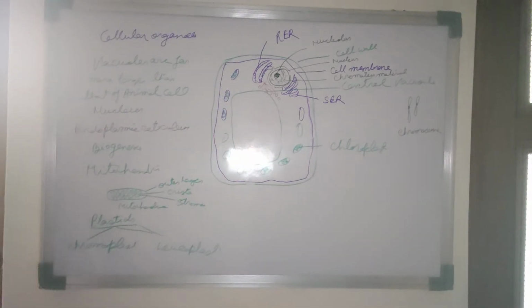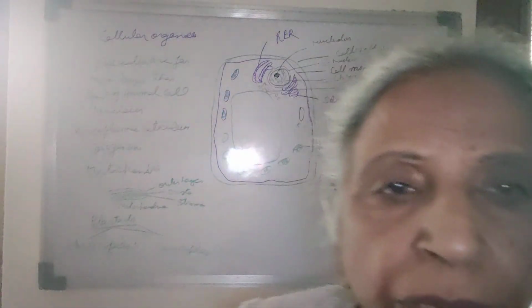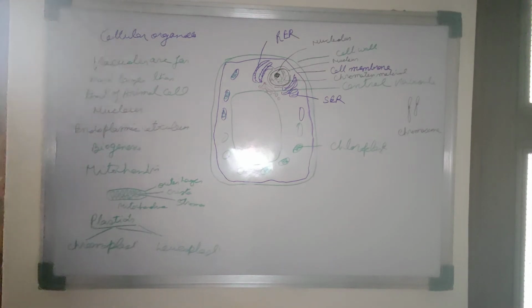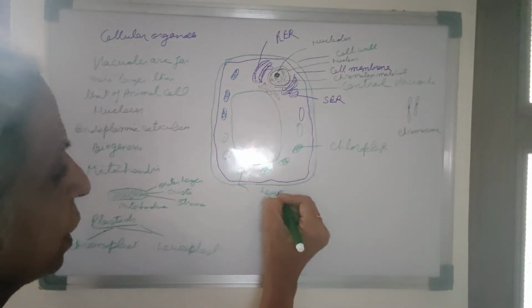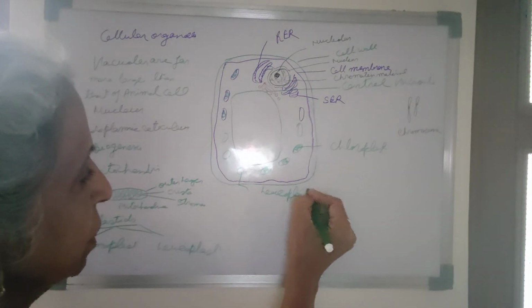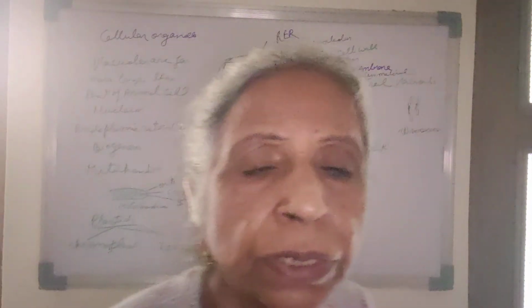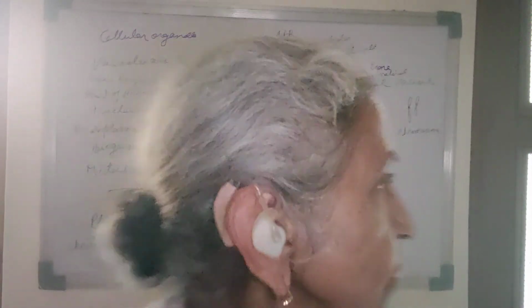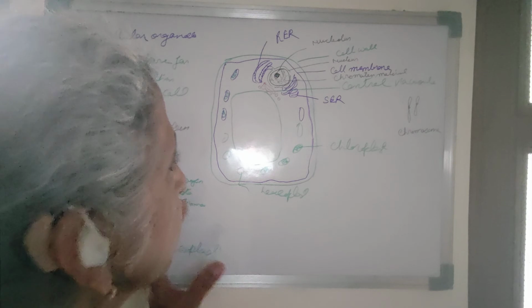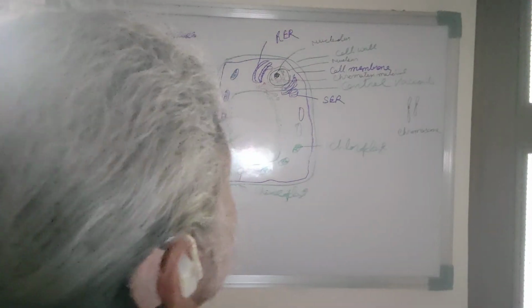In addition to chlorophyll, other pigments, yellow, brown and red, are also present, which provide specific color to the specific organ. And the leucoplasts are colorless. They store food material, that is protein, starch, lipids, etc. Lastly, they are lacking in animal cells.